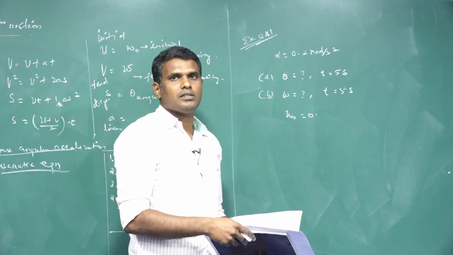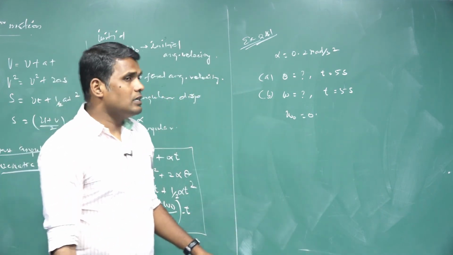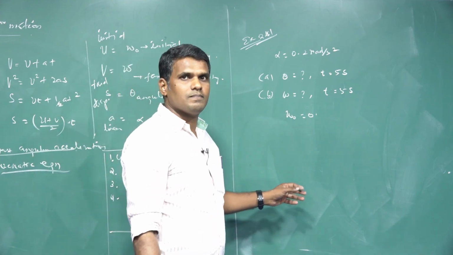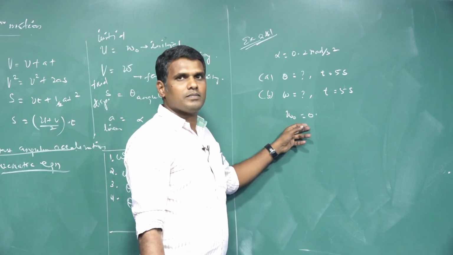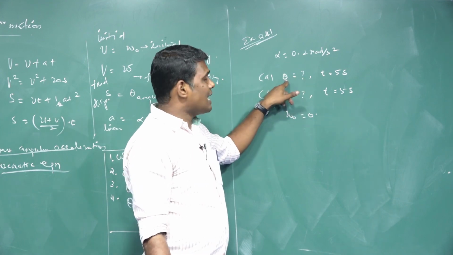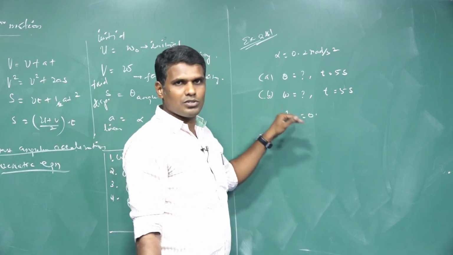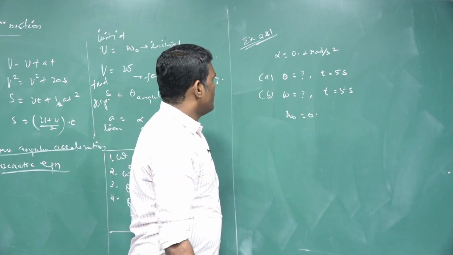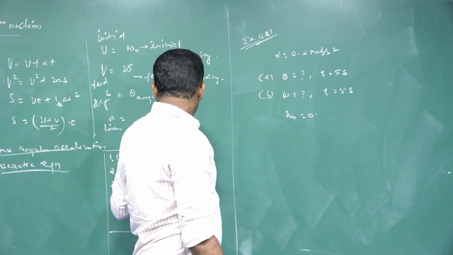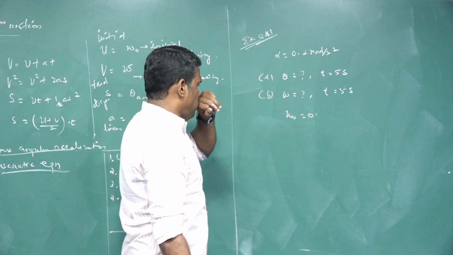Initial angular velocity is 0. So we can say the object is starting from rest. Omega naught equals 0. After time interval t, what is its angular velocity omega? This is the question asked. So we have to recall the equations which are related to this one.